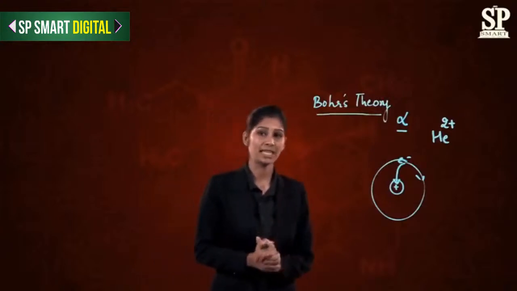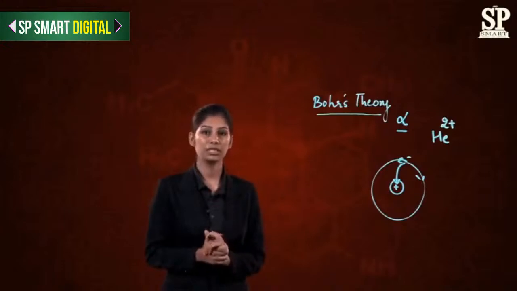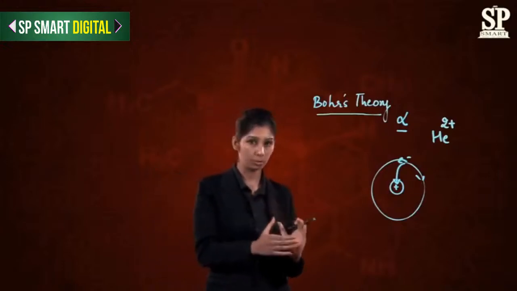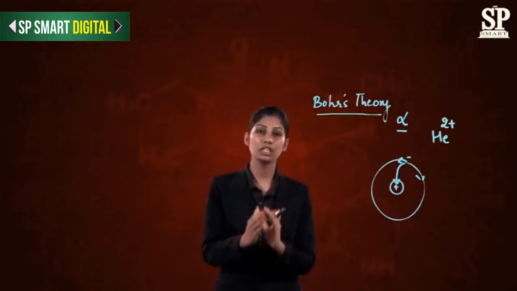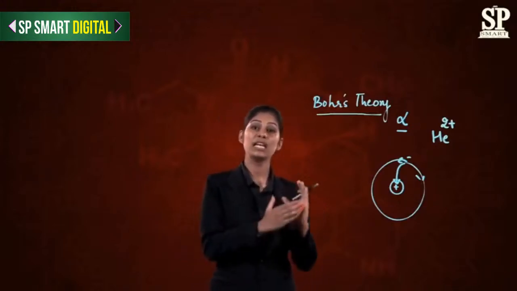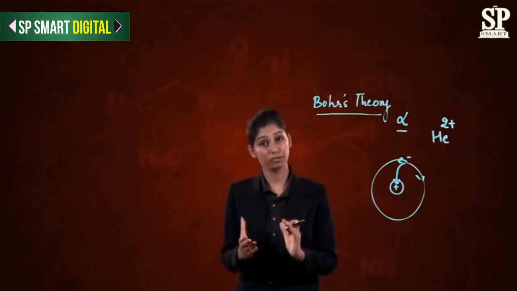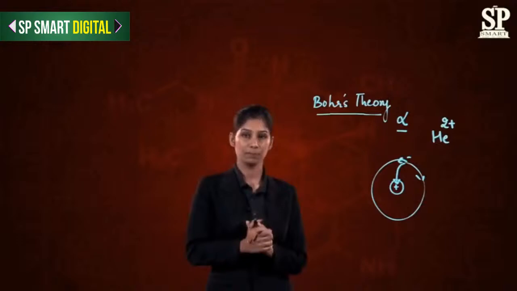Bohr's theory says that negatively charged electrons revolve around the nucleus in well-defined orbits or shells, each shell having a definite amount of energy associated with it and with its electrons. Therefore, these shells are also called energy levels.